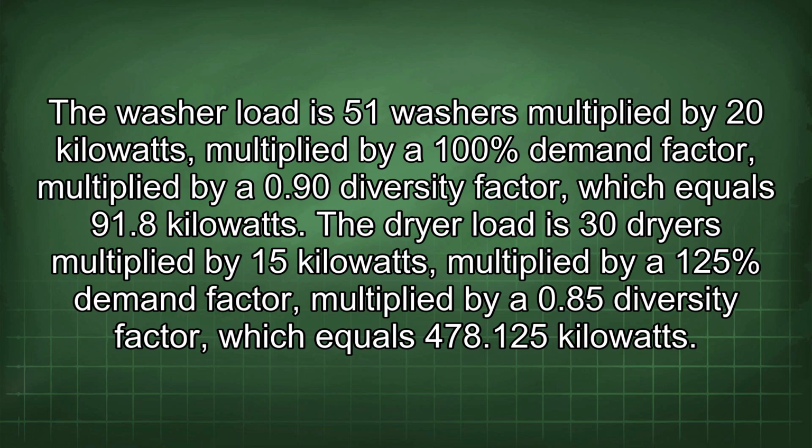The washer load is 51 washers multiplied by 20 kilowatts multiplied by a 100% demand factor multiplied by a 0.90 diversity factor, which equals 91.8 kilowatts. The dryer load is 30 dryers multiplied by 15 kilowatts multiplied by a 125% demand factor multiplied by a 0.85 diversity factor, which equals 478.125 kilowatts.